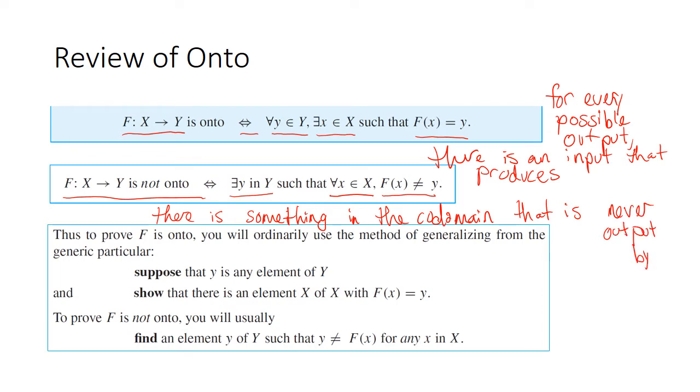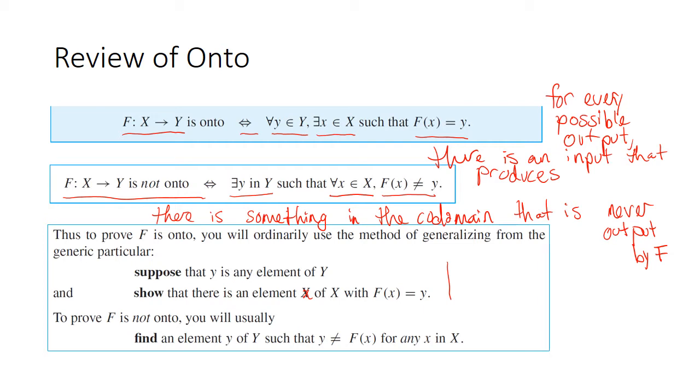Okay? And then the way you do the proofs is, so if you're proving that something is onto, you suppose that little y is an element of big Y, and then you show that there exists an element, this is supposed to say little x, not big X. You show that there is an element little x of big X that produces y when you plug it into the function.